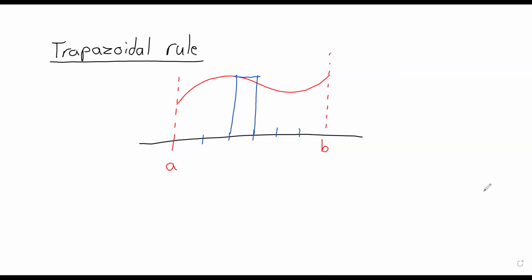Well, there's another shape we could use. I've sort of given the game away by putting the name of the rule on the board, that would work better. In terms of developing the integral, it wouldn't work better because it's more complicated.